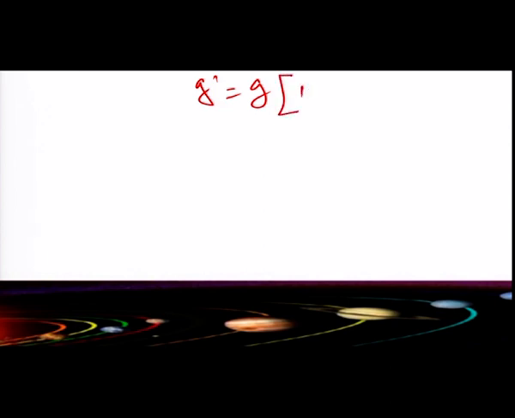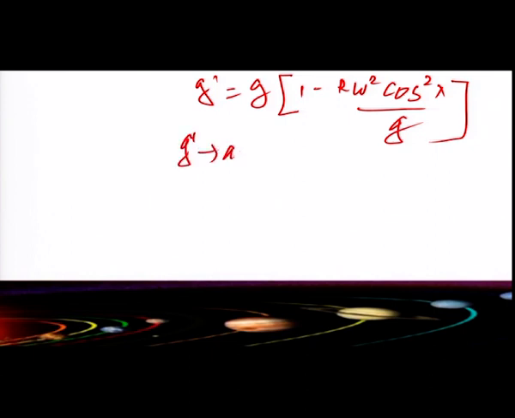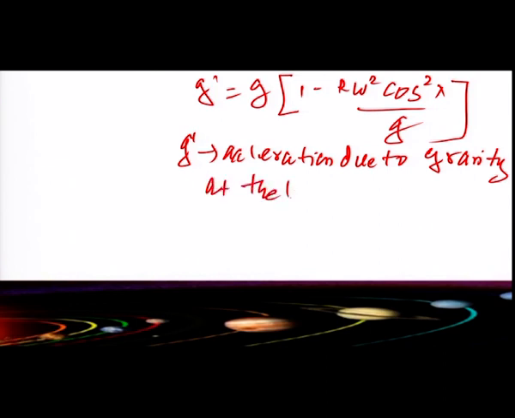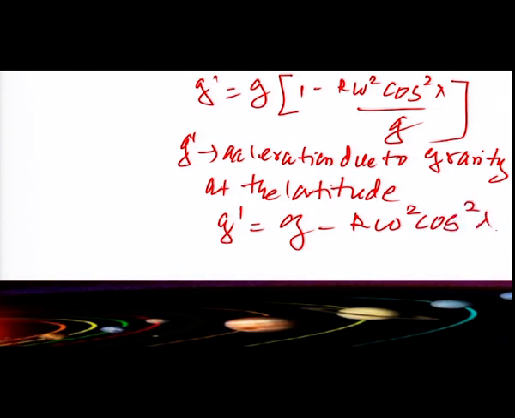g dash is equal to g into 1 minus r omega squared cos squared lambda by g, where g dash is the acceleration due to gravity at the latitude, and therefore, we have g dash is equal to g minus r omega squared cos squared lambda, where g is the acceleration due to gravity if the earth is at rest.